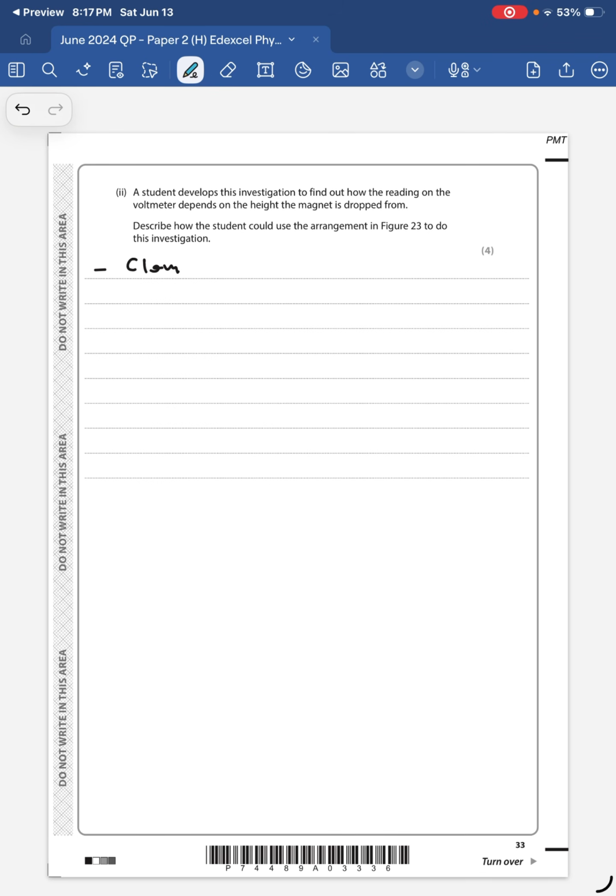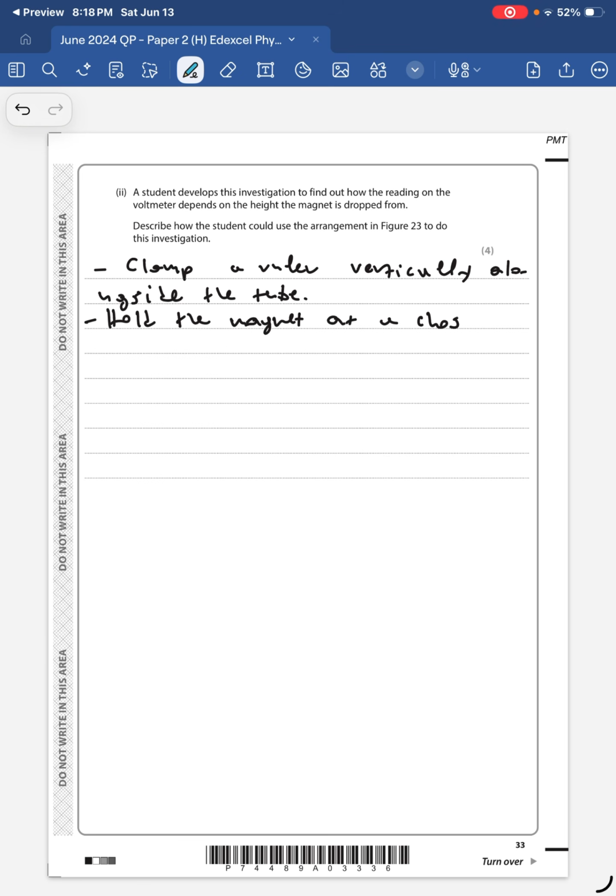they can clamp a ruler vertically alongside the tube. Okay, hold the magnet at the chosen height above the top of the coil.